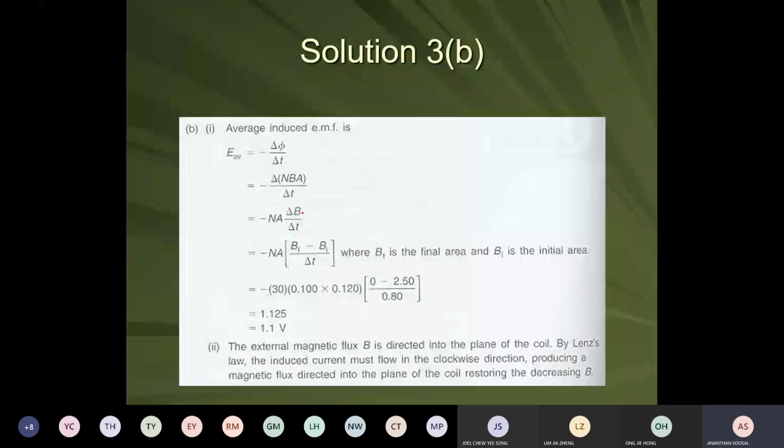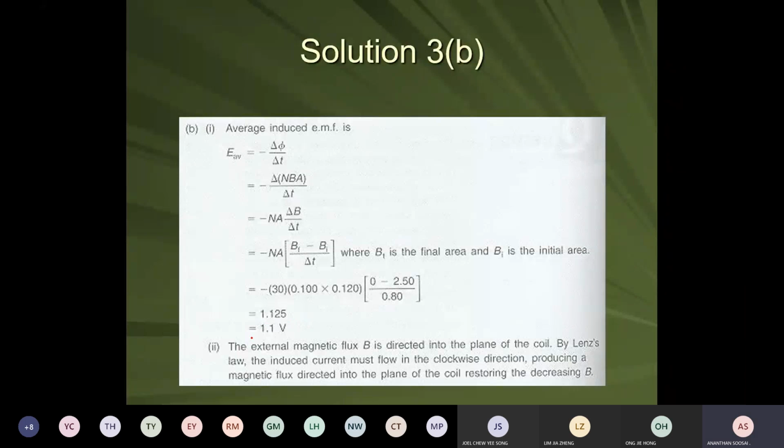Yeah, the B is changing. Final B minus initial B. Final B is 0. Initial B is 2.5. And A, you can put it out. Negative, final minus initial. You get 1.125 volt.